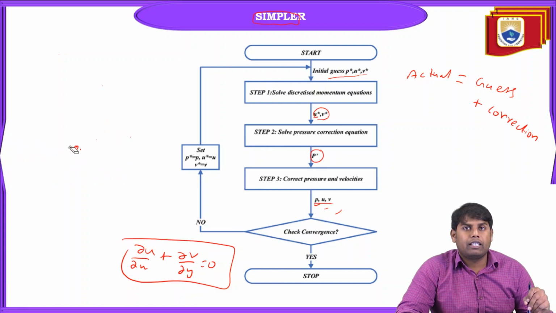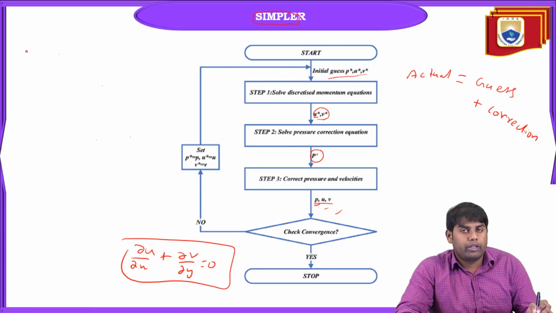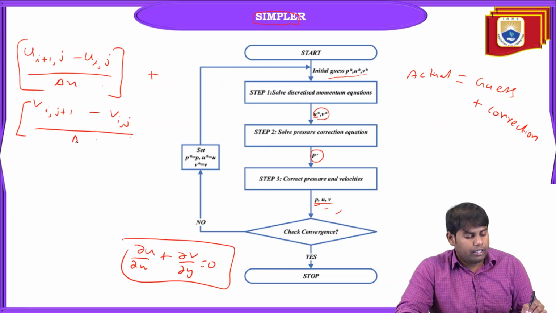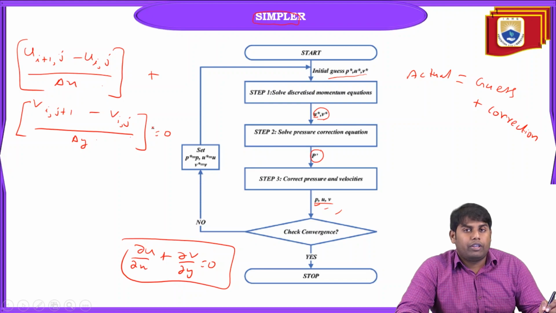So you can see u of i plus 1 comma j minus u of i comma j divided by delta x, plus v of i comma j plus 1 minus v of i comma j divided by delta y equal to 0. This is the discretized form of the continuity equation.